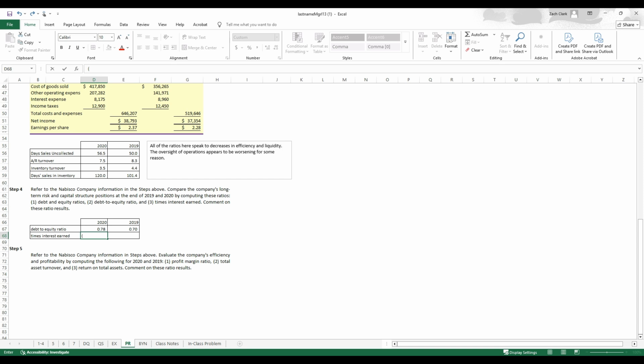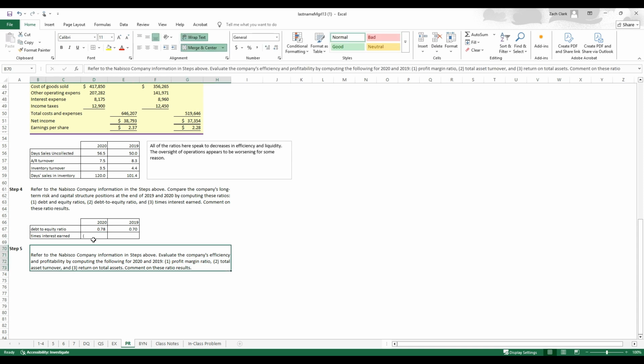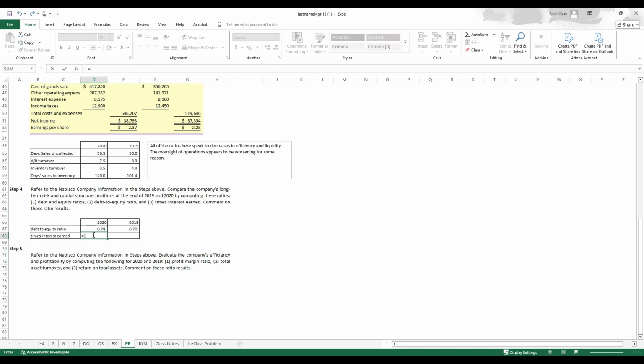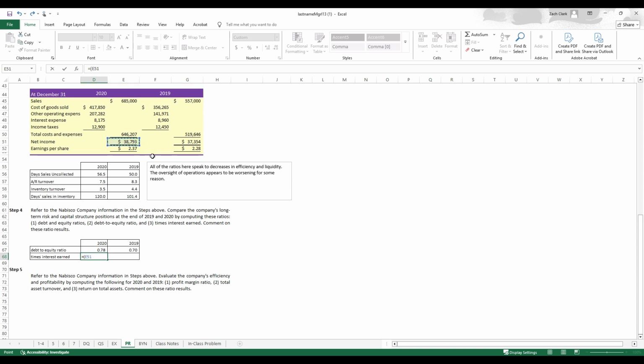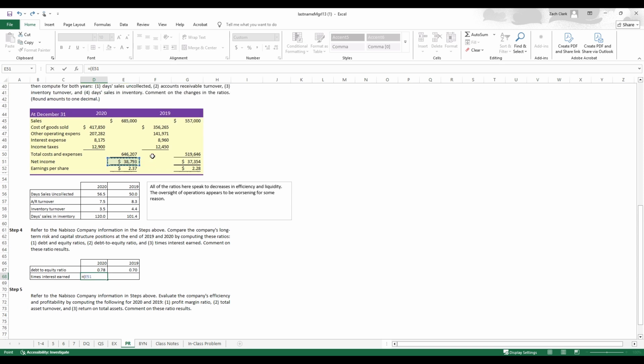So we want to figure out our EBIT, and then divide that by the total amount of interest. Sorry, I'm not saying this well. We want to take net income, so net income of 38,793, and back out income taxes and interest expense.